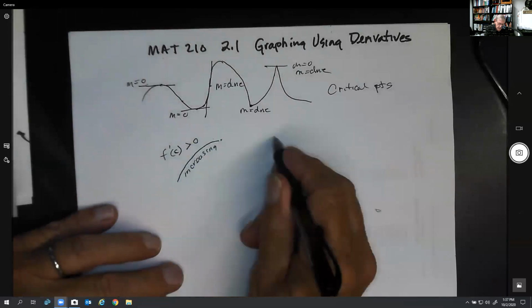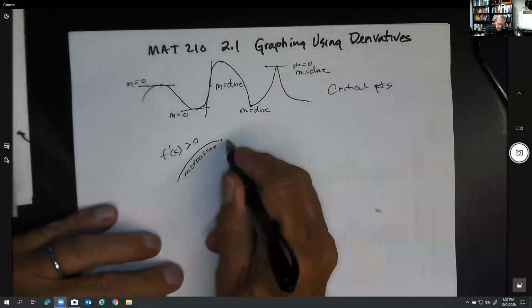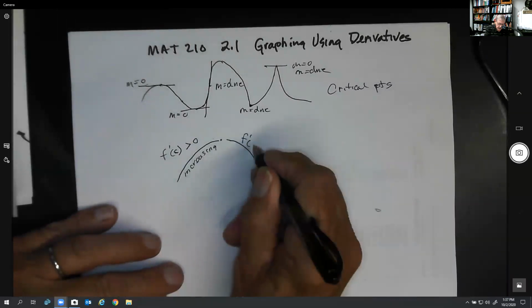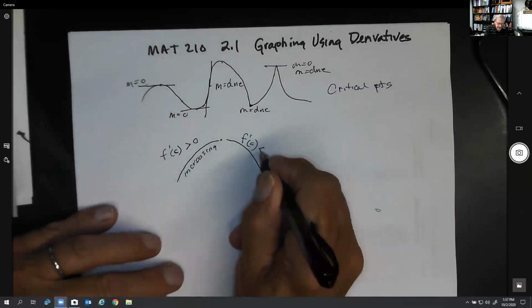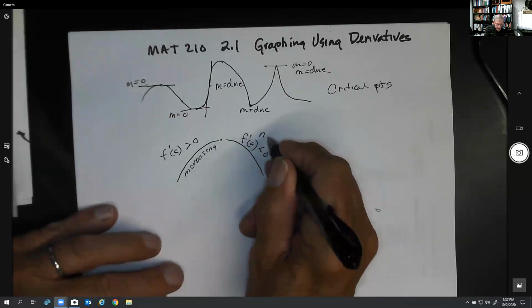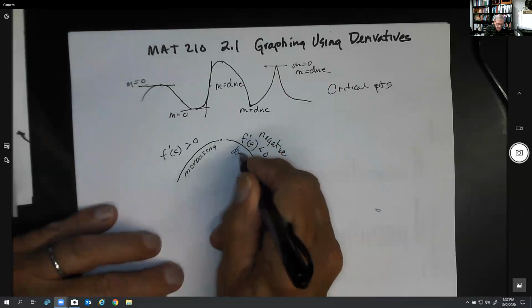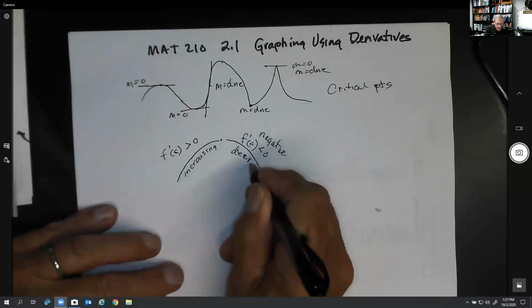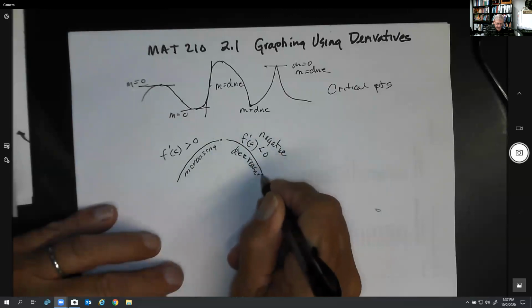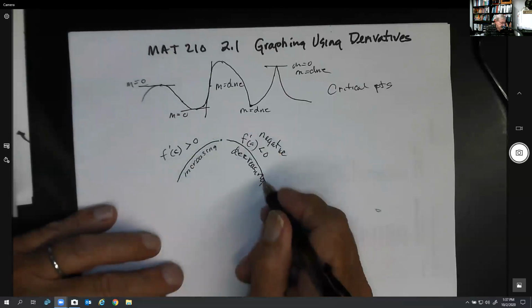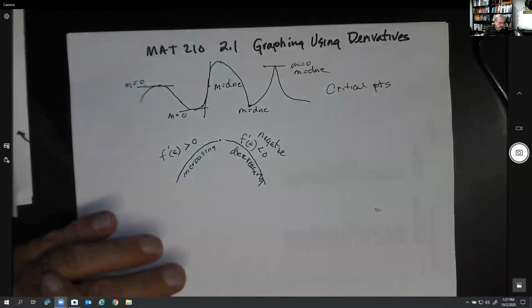Right here the slope would probably be 0. And then when it's coming down and the first derivative is less than 0, in other words a negative number, the function is decreasing. So we can identify areas where it's increasing and decreasing, and this helps us identify these critical points.